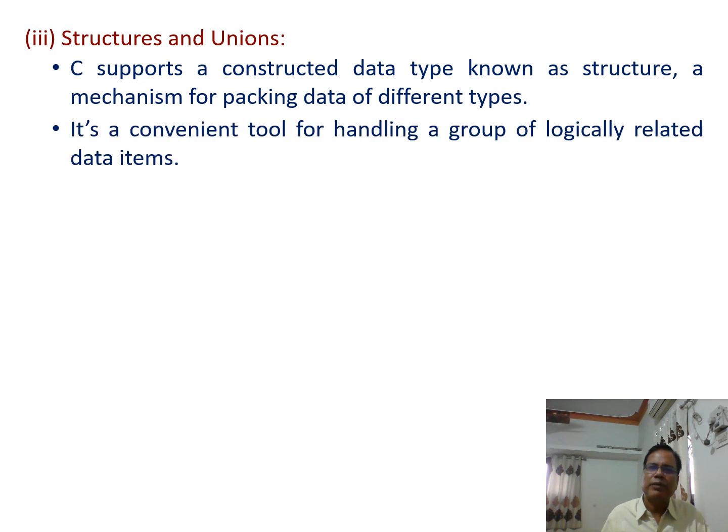These types can be packed in a feature supported by C called structure and union. It is a convenient tool for handling a group of logically related data items.